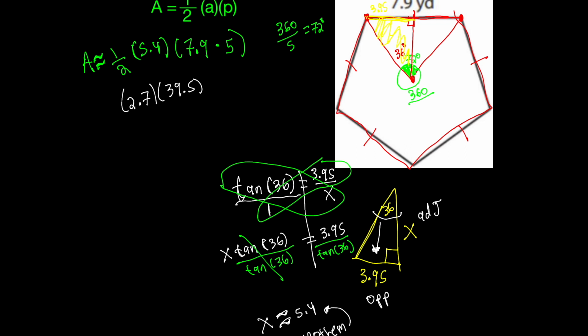Finally, 2.7 multiplied with 39.5, I'm going to get an approximation of about 106.65. And that's approximately the area of this regular polygon.